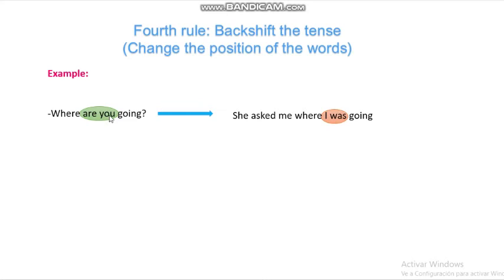To become a reported question, we are changing the position. Here we began with the verb and we continue with the subject. Here we are beginning with the subject and we are going to continue with the verb. Obviously, the verb is in simple past because here the verb is in simple present.